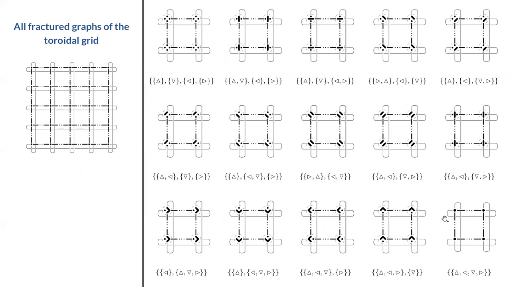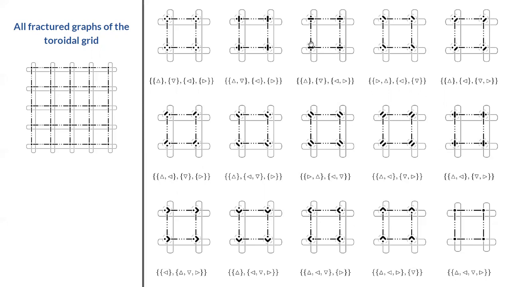So we will have 15 different partitions, and each partition yields a graph. This graph is obtained by splitting the vertices of the toroidal grid according to the partition we are considering. So for example, in this partition here, we have 3 blocks, 1 for up, 1 for down, and 1 for left and right. And therefore, each vertex is split into 3 vertices.